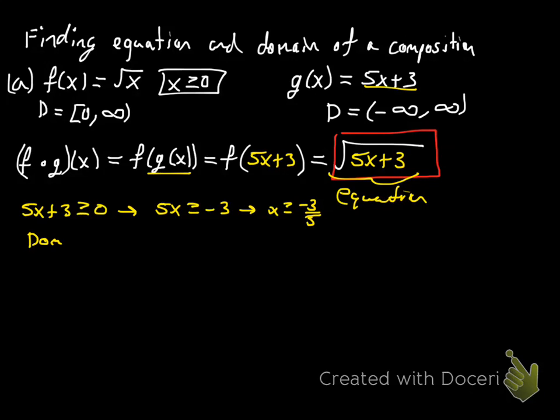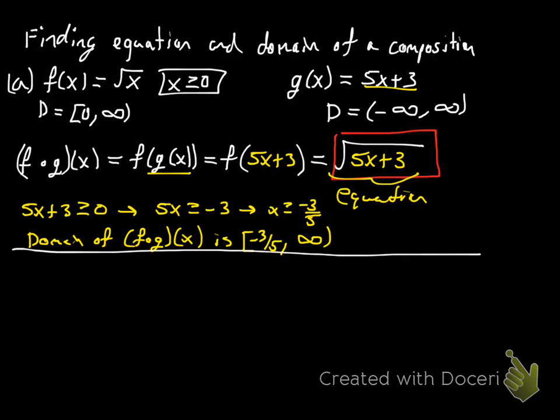So 5x plus 3 greater than or equal to 0. Then subtract 3 from both sides, and then divide by 5. And x has to be greater than or equal to negative 3/5. So our domain of this composition is going to be negative 3/5, including the negative 3/5, to infinity.